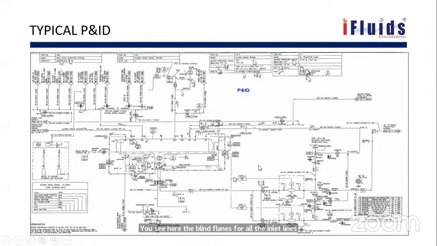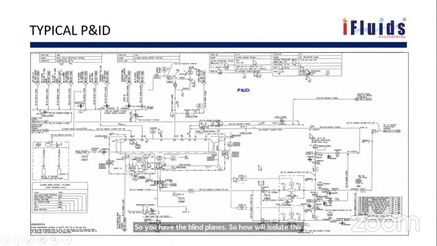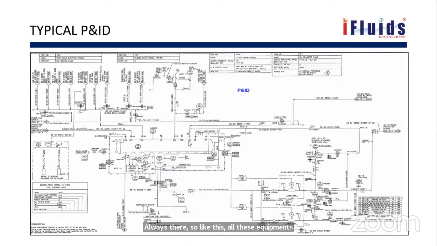So how will you isolate this? Isolation valve is there. So like this, all these equipments are very clearly mentioned in the P&IDs. So this is what a P&ID looks like, and this is what we should learn from the P&IDs. Okay.